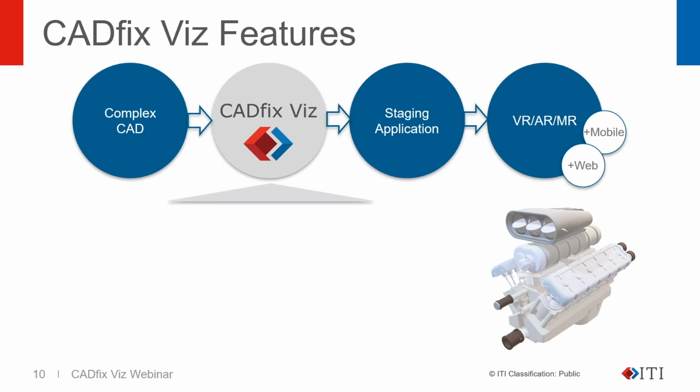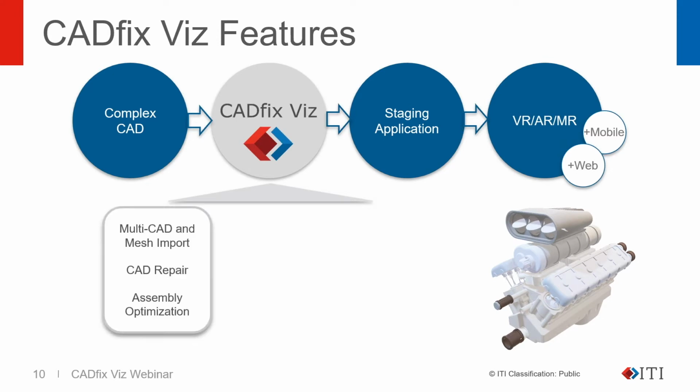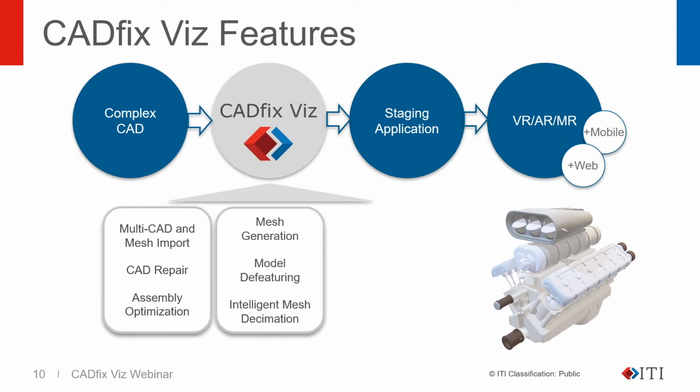So CADfix Viz, our software solution, has a number of different things. Multi-CAD import and mesh import, obviously crucial for the interoperability. CAD repair, assembly optimization, mesh generation, model defeaturing, and intelligent mesh decimation are all key components and probably make up 80% of this presentation.